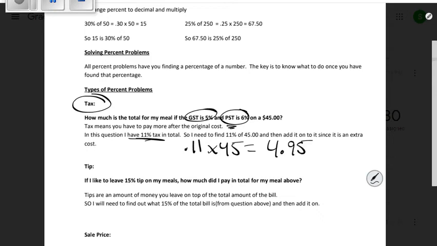What would I have to do with that? Because it's a tax, I would have to add it on to the 45. So I get 45 plus 4.95, and it equals 49.95, which is what I'd end up paying in total.